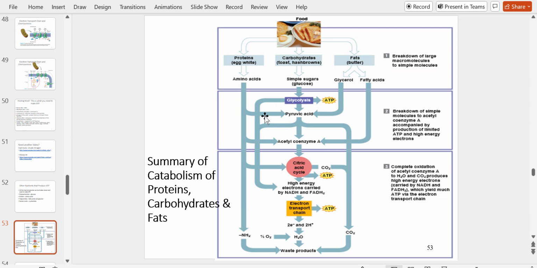Amino acids do not. They'll enter in at the pyruvate stage. Same with glycerol. Fatty acids don't enter until the acetyl coenzyme A stage, 2 carbons. Remember that? So depending upon the food source, it will enter the metabolism, this whole process, at different layers.